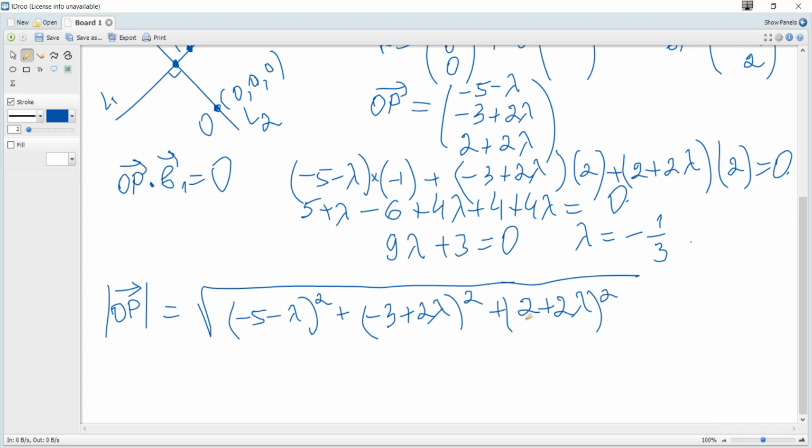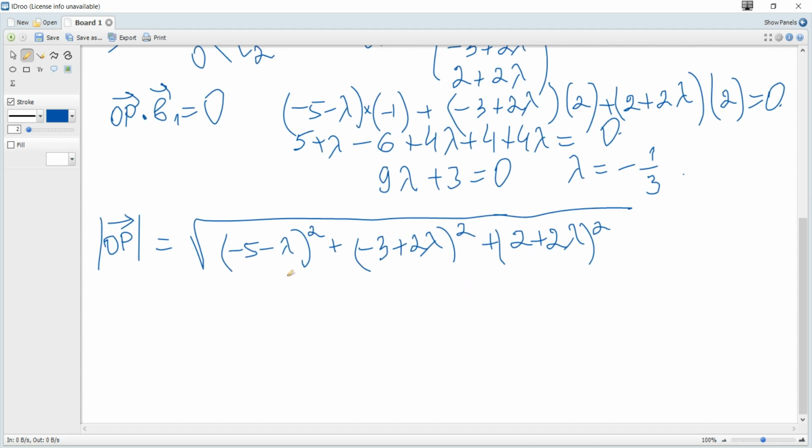And how to find a minimum or maximum? It means an extreme point. It means that the derivative at that point is equal to 0. So we can find the derivative and equate it to 0. And if the square root of something is minimum, then the value under the root is also minimum.